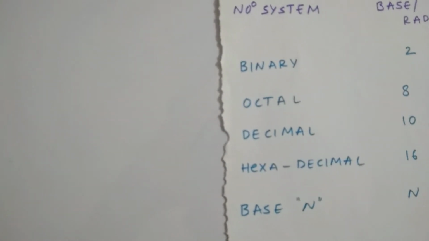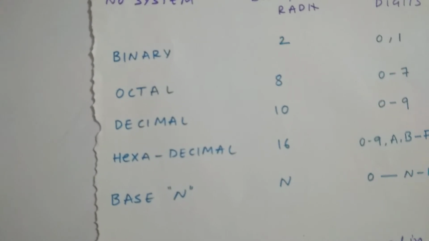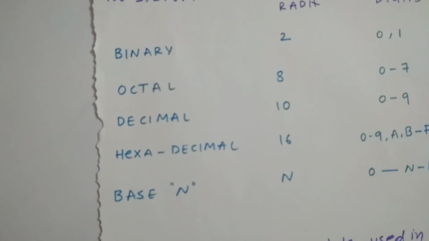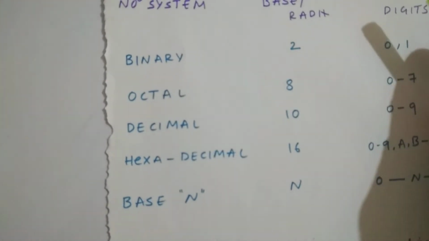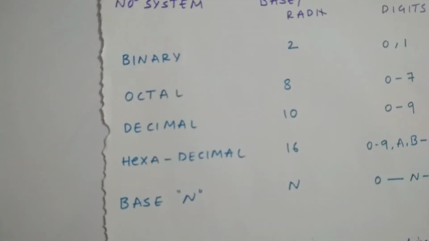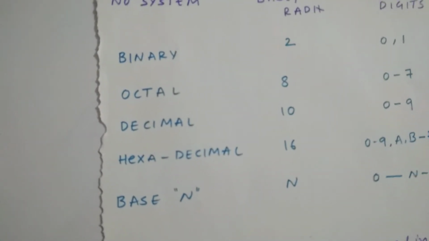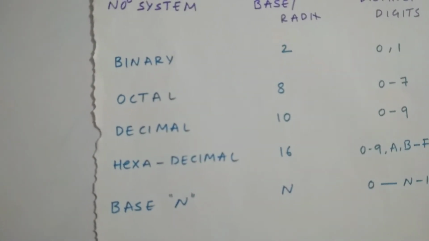Binary means that we have two distinct digits, 0 and 1. Where do we use binary? Computer systems use binary. Binary is used by computers and some logic design systems. Computers also use octal number systems.